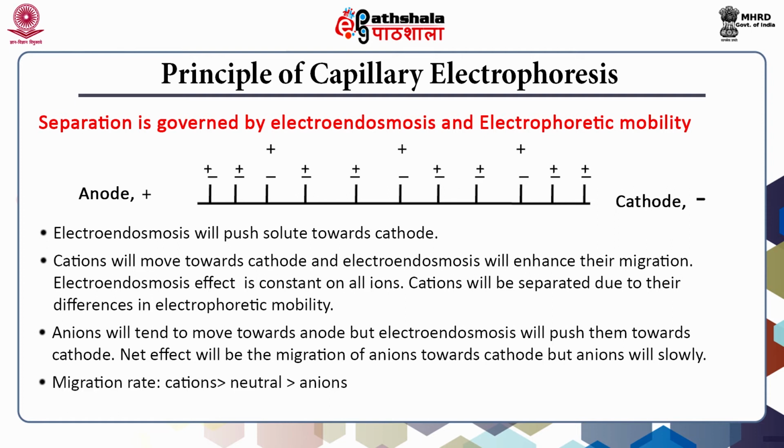Cations will migrate faster than neutral molecules, neutral molecules will migrate faster than anions, and anions will move slowest. Thus, in capillary gel electrophoresis, cations, neutral molecules, and anions can be simultaneously separated. It may be noted that in the absence of electroendosmosis, anions will migrate to the anode.